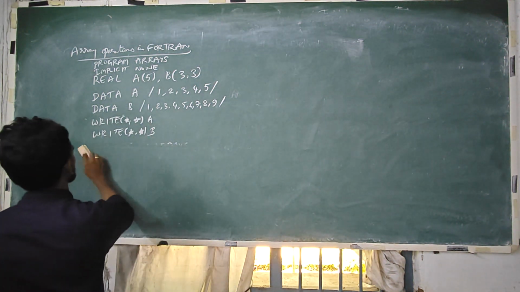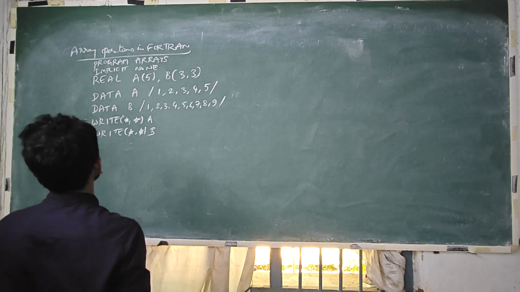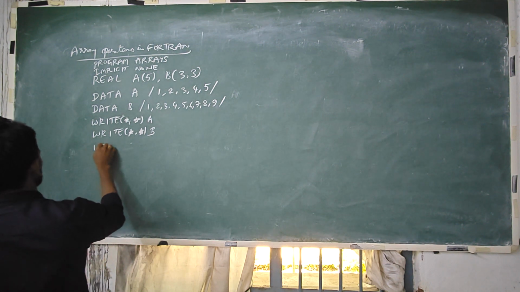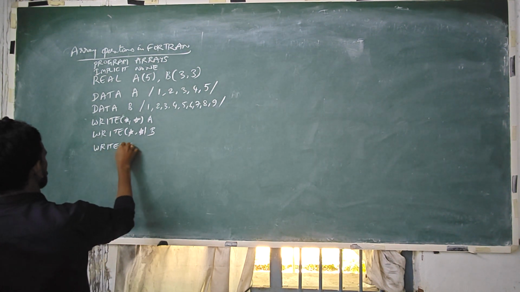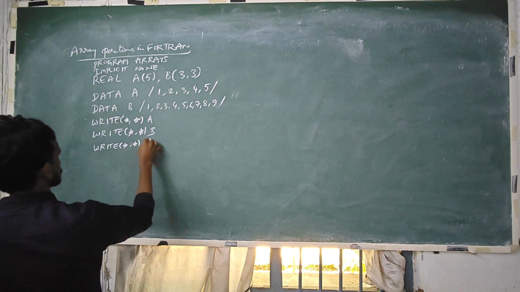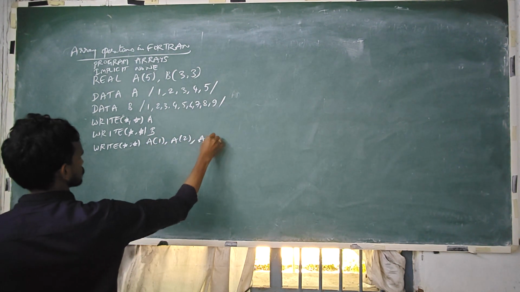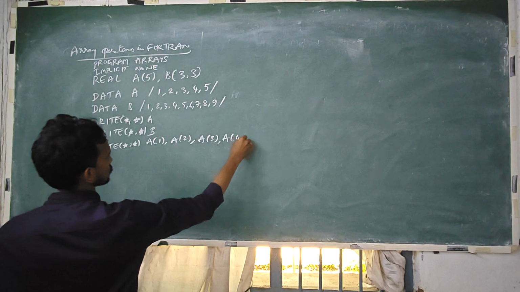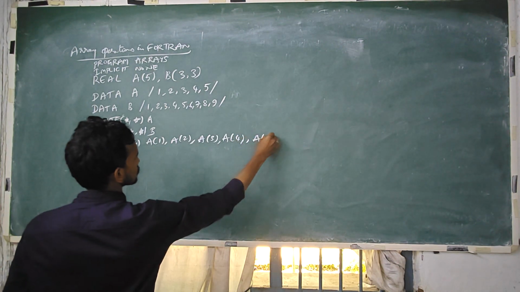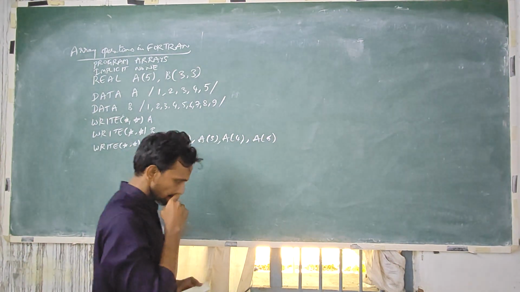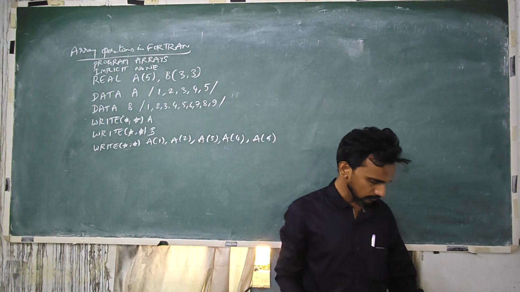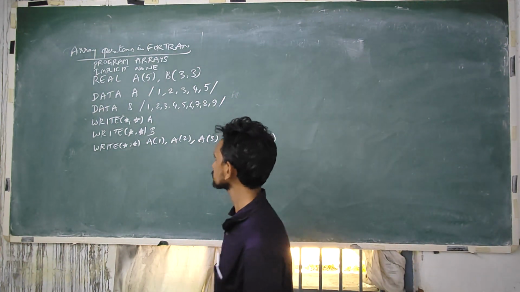Instead of writing just A and B, I write A of 1, A of 2, A of 3, A of 4, A of 5. So that will give a set of elements.